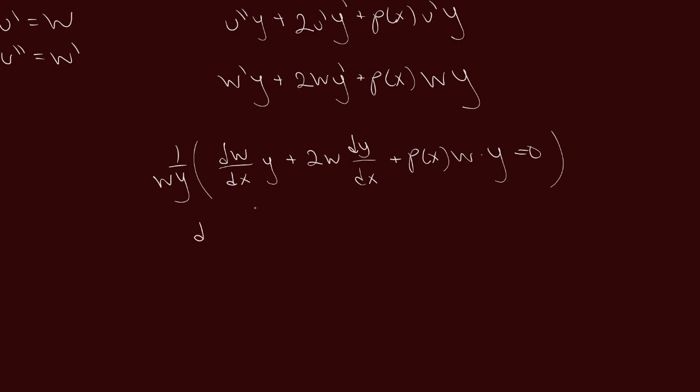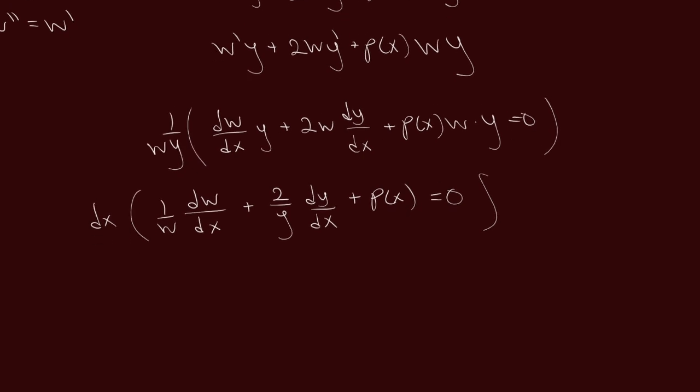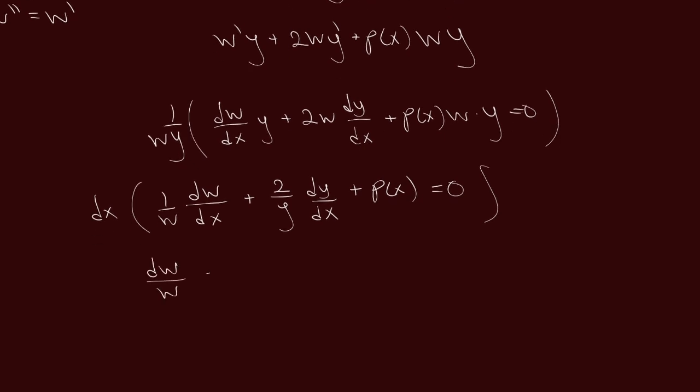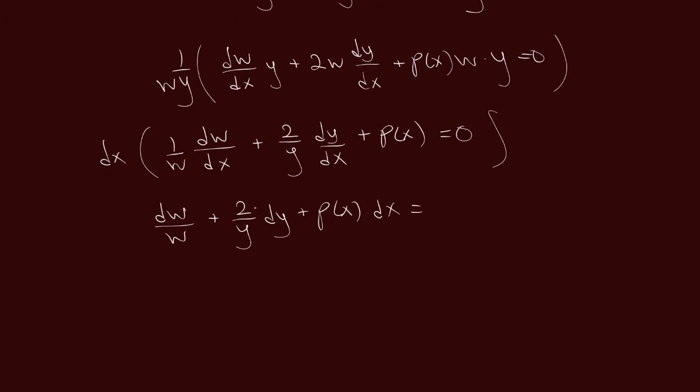So it's going to be dw over dx times 1 over w plus 2 over y dy over dx plus p of x equals 0. And then finally, we multiply everything by dx. So we have dw over w plus 2 over y dy plus p of x dx, and this all equals 0.